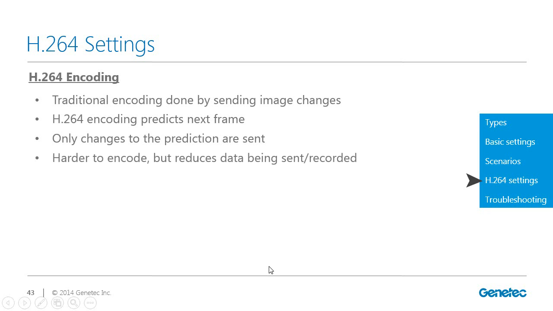This prediction method is more complicated and harder to encode, but at the same time it reduces the amount of data that's being sent in video streams if you have a lot of fluid motion or no movement at all. If we get more data sent, we can assume that there are a lot of changes in the image, and therefore there is probably a lot more motion as well.